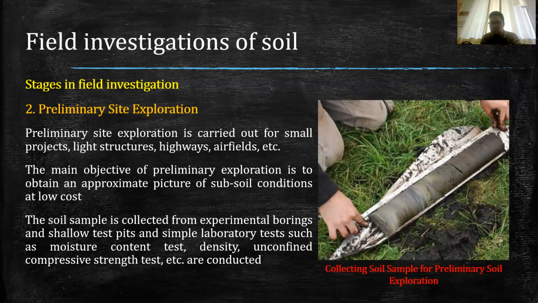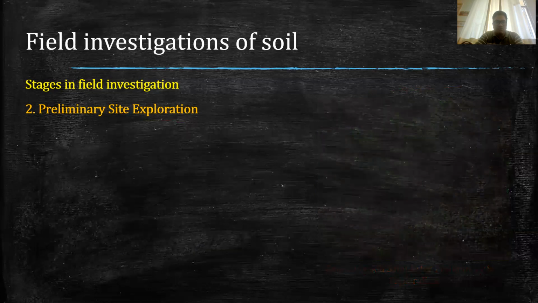Here you can see this is the soil sample collected with the help of boring. This sample is tested in the laboratory to check the properties of the soil. This preliminary site exploration again determines various properties of the soil, but the cost of this exploration is low as compared to the detailed exploration.